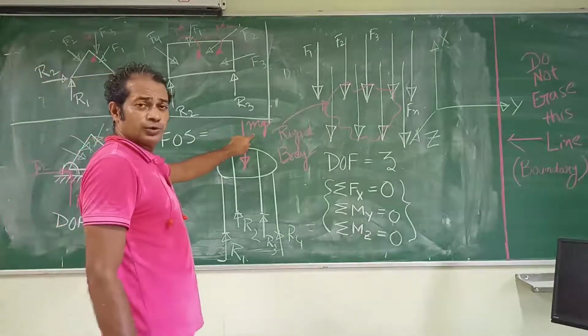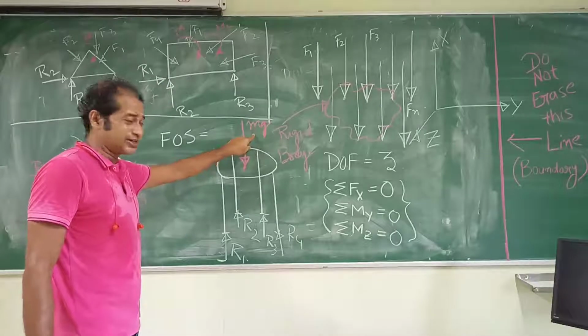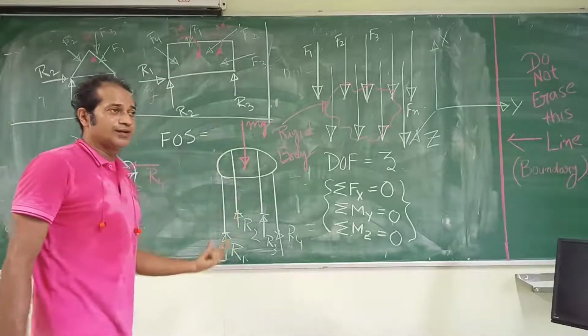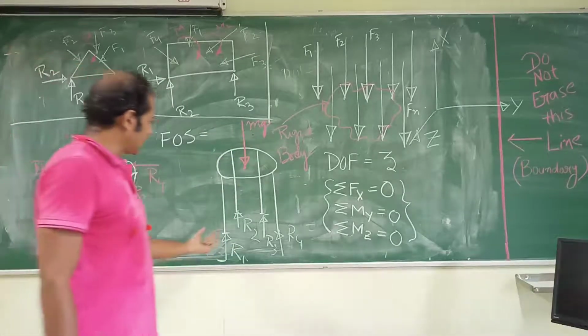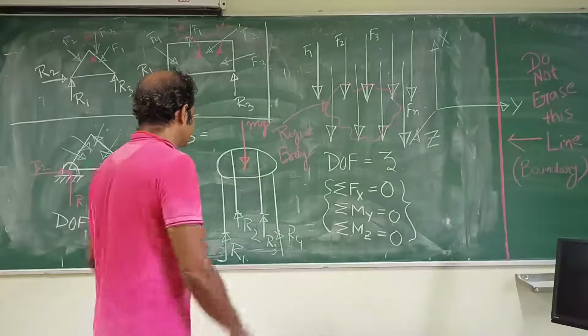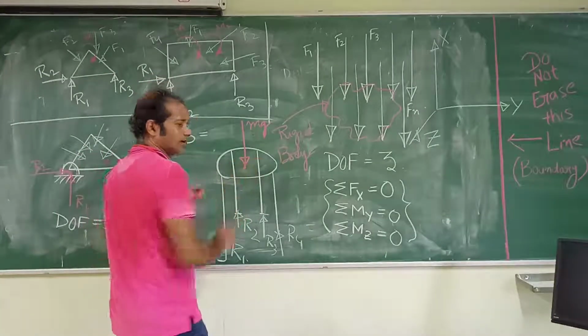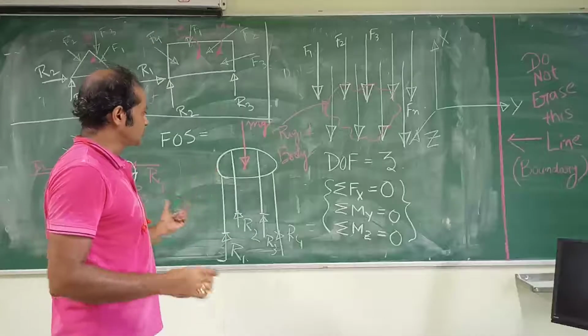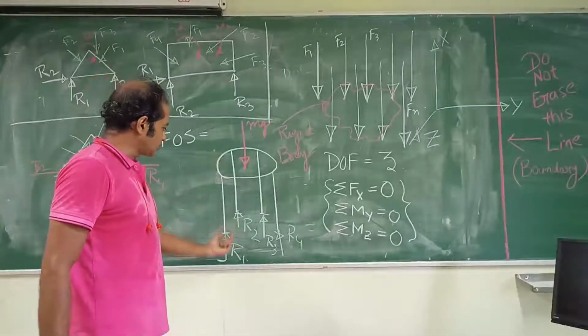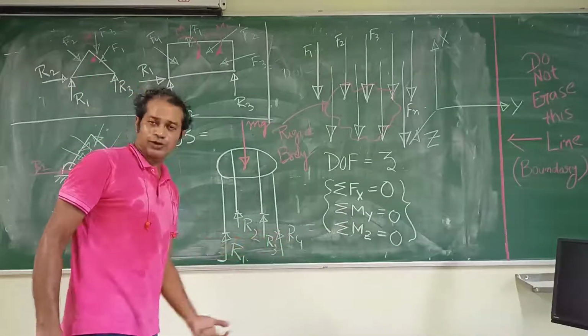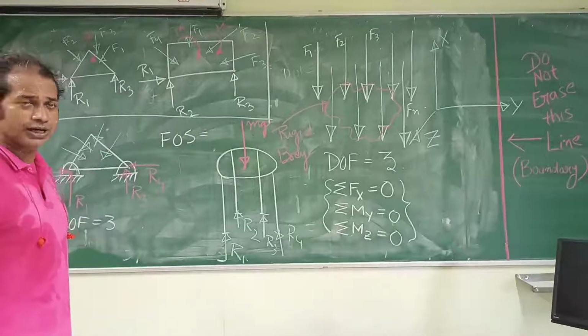So this is known to you because, let's say you are 60 kg weight, so 60 into 10, 600 Newton. And based on your position where you are sitting, your contact point, these R1, R2, R3, R4 are going to change. And that is what you are trying to calculate.